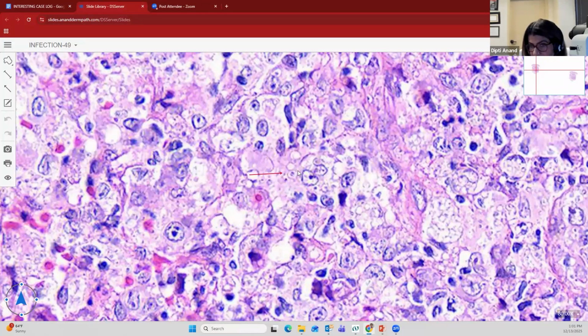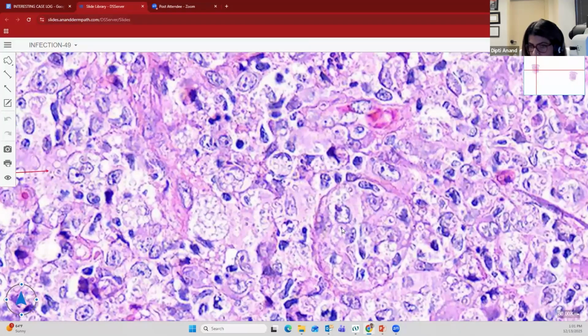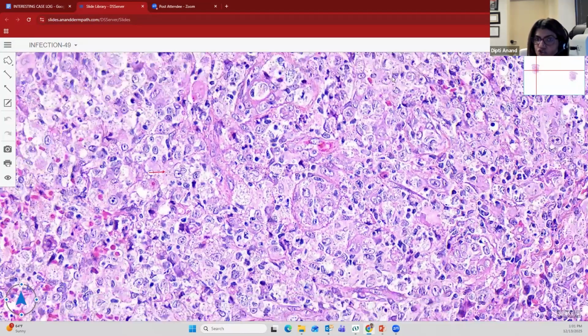You can see the organism has a capsule around it. That's Histoplasma capsulatum or histoplasmosis, but it can also be penicilliosis. So you have to look at what question they are asking you. Okay, so that is histoplasmosis.